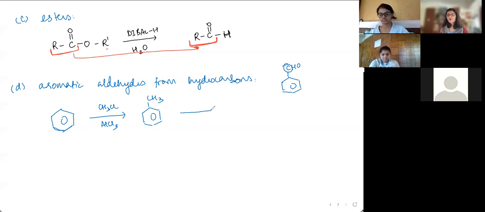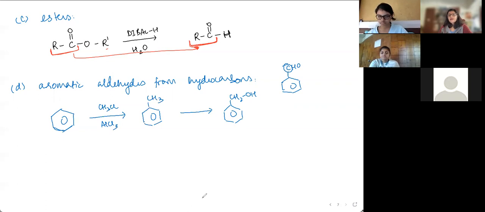Then you have to oxidize it. Introduce OH over here, CH2OH, convert it into an alcohol, then you can convert it into an aldehyde.